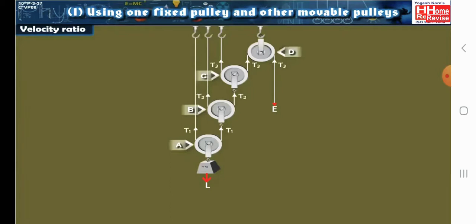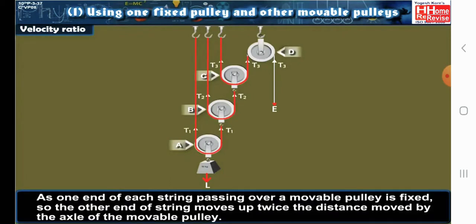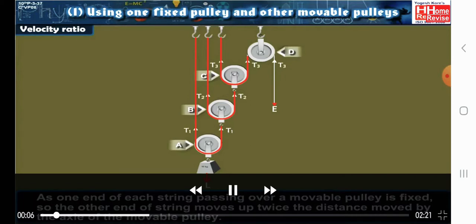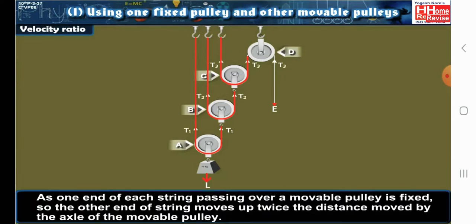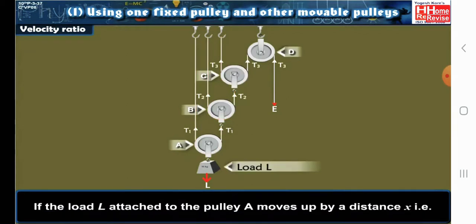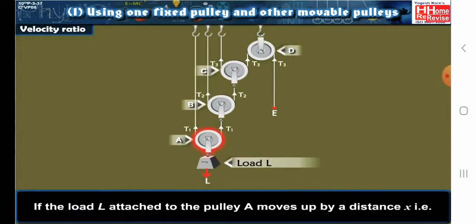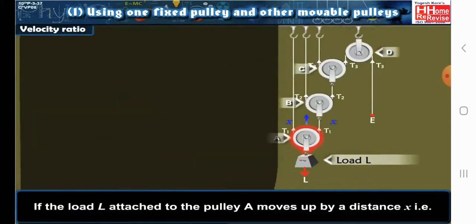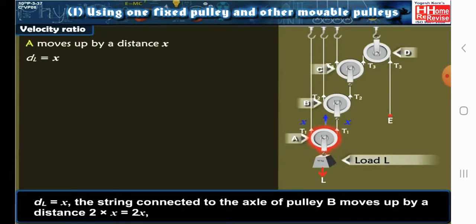Velocity ratio. As one end of each string passing over a movable pulley is fixed, the other end of the string moves up twice the distance moved by the axle of the movable pulley. If the load L attached to the pulley A moves up by a distance x, that is, dL is equal to x, the string connected to the axle of pulley B moves up by a distance 2 into x, which is equal to 2x.